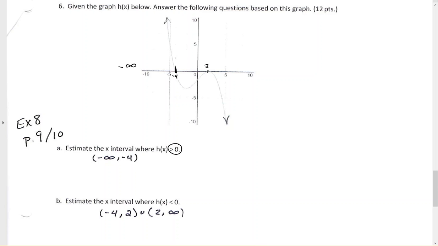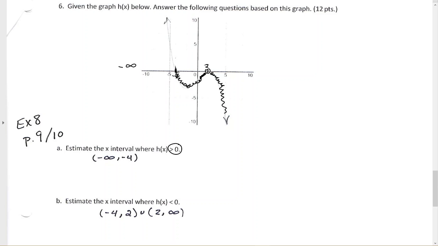you've landed on it. Where is h of x less than 0? So it's less than 0, or it's below the x-axis here, all the way over to here, and then it goes on the x-axis at 2, and then it goes below again here.